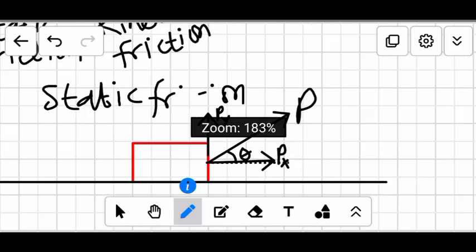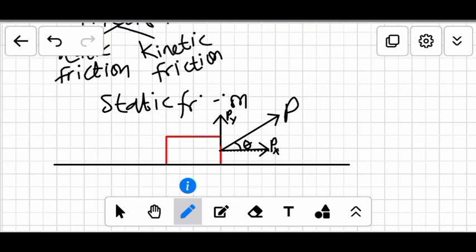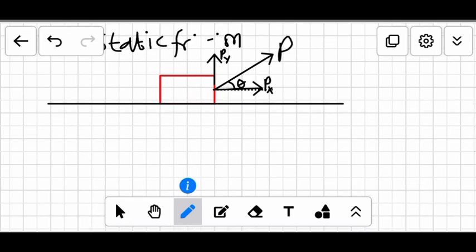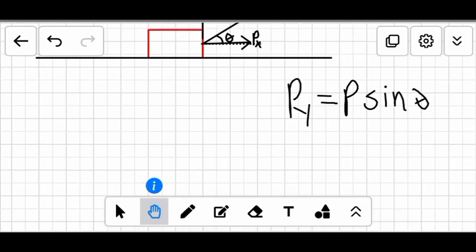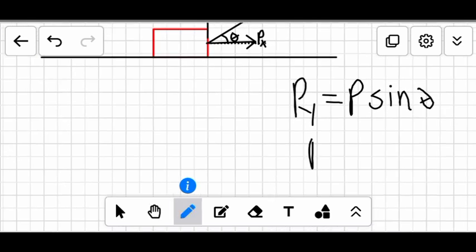Now to calculate Px and Py, we use the resolution of forces formula. The vertical component of the force, Py, could be calculated using P sine theta, and the horizontal component could be calculated using Px equals P cos theta.